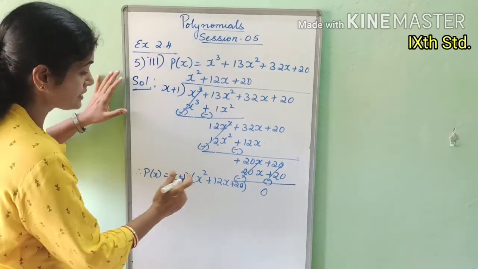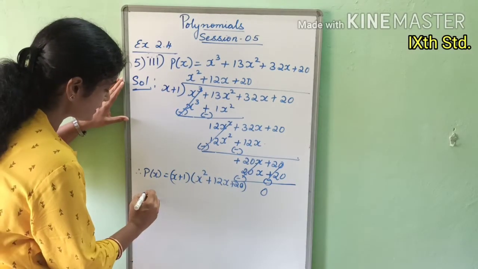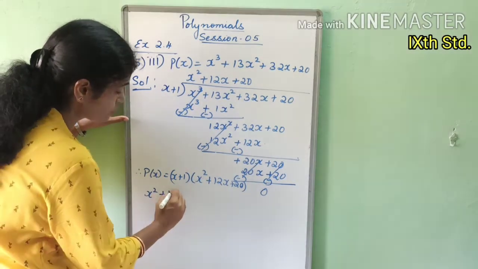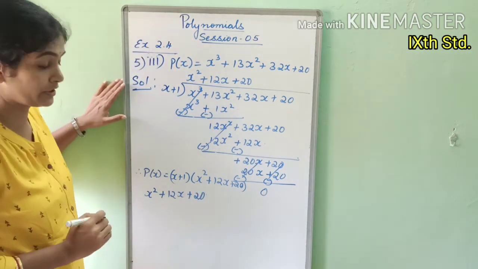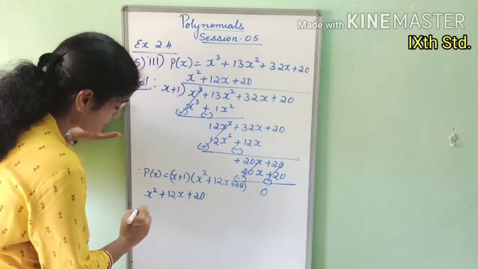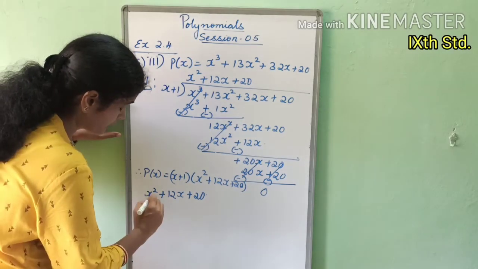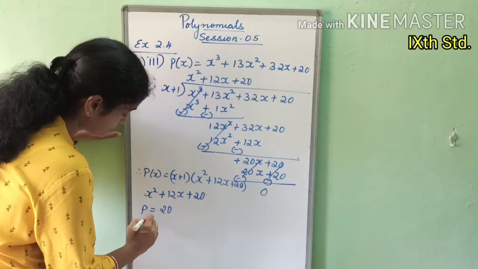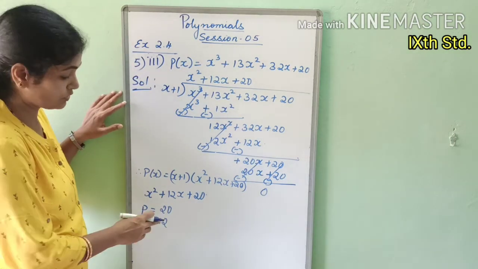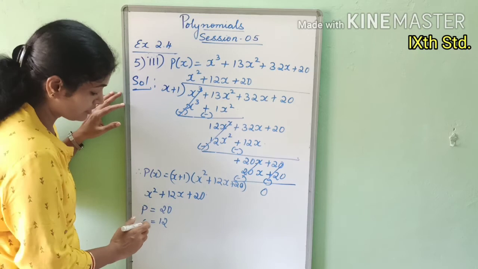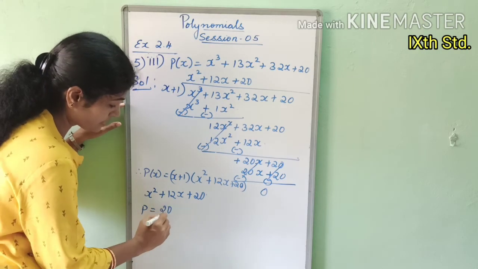So what will be the zeros of that? We'll see. X square plus 12x plus 20. We will find the product is 20, sum is 12. So what are the factors you have to find out such that the product is 20?